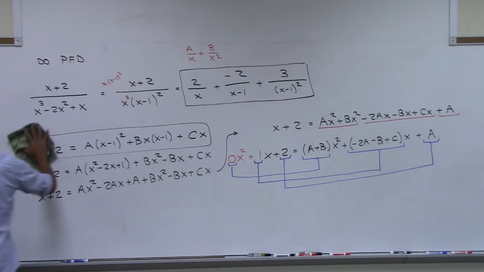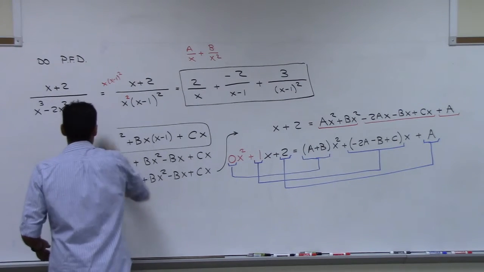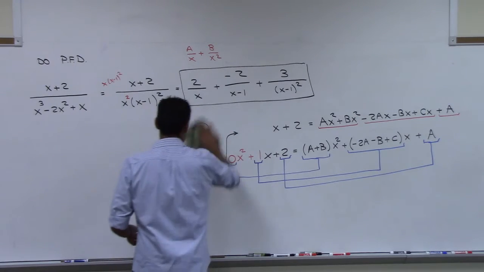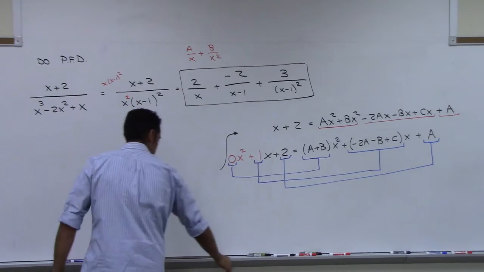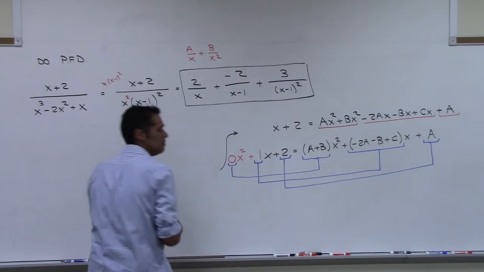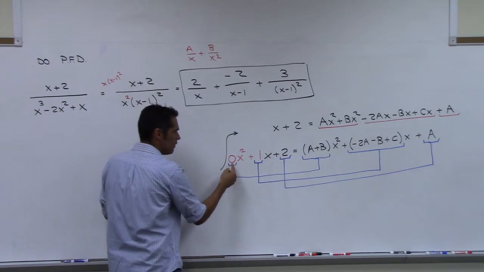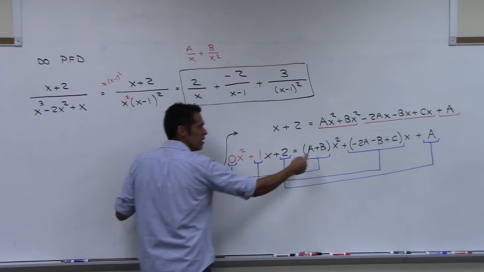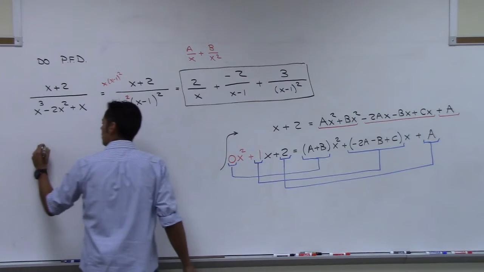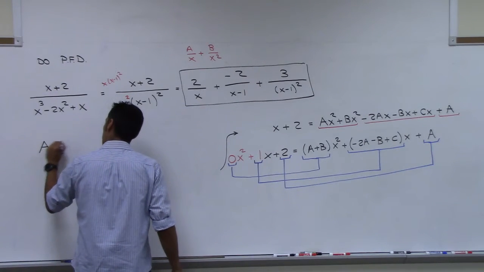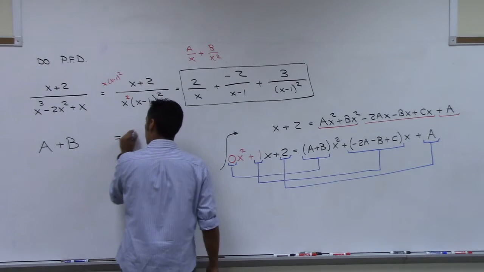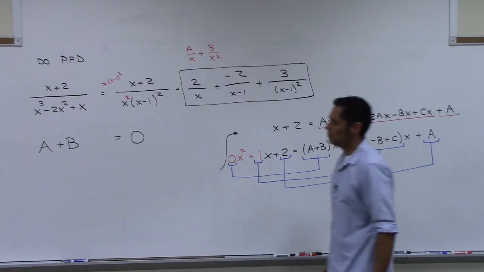I'm going to write them down. The first equation comes from the first expression here. 0 must equal this, right? So I'm going to write that down. A plus B must equal 0. Now, why do you think I left a gap in there?